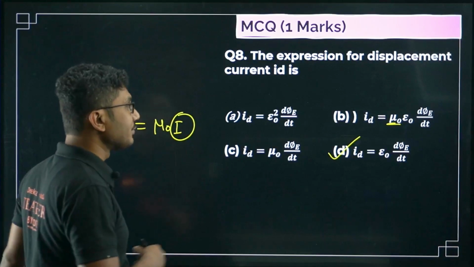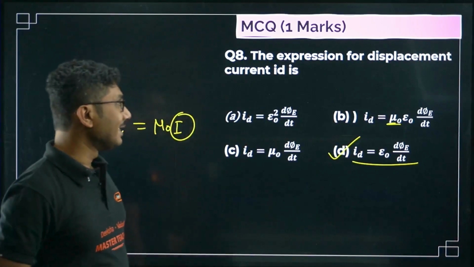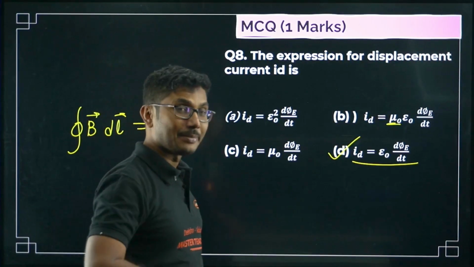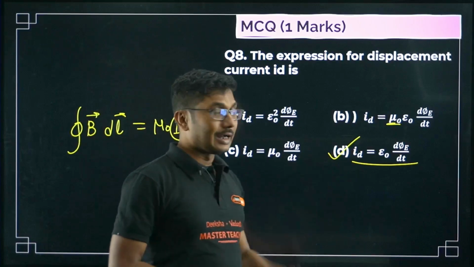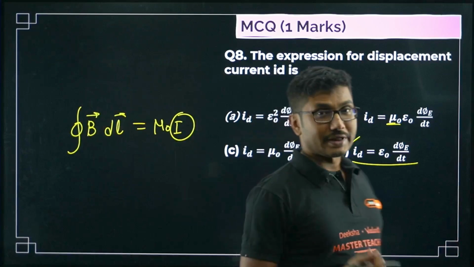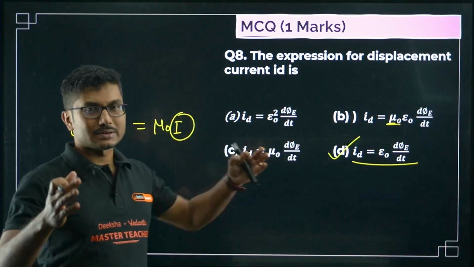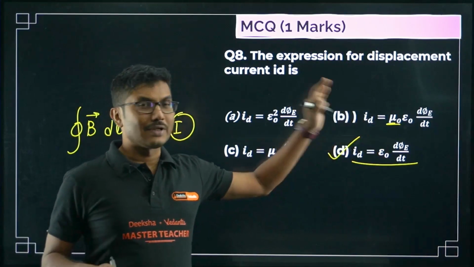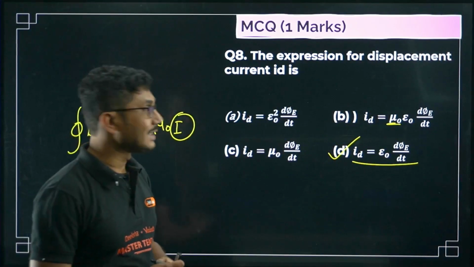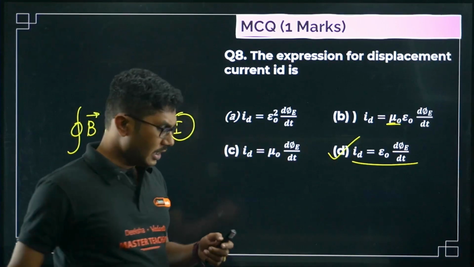So don't get confused. ID is only epsilon naught. It is related to electric field. So that is why it is epsilon naught. If it was related to magnetic field, then maybe mu naught. But displacement current is due to the variation of the electric field associated between two plates, or between some gap. So it is associated with electric flux. So basically that is why it is epsilon naught. Be careful, don't fall for the trap.